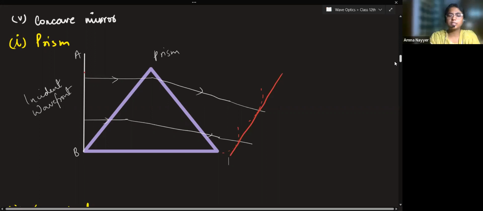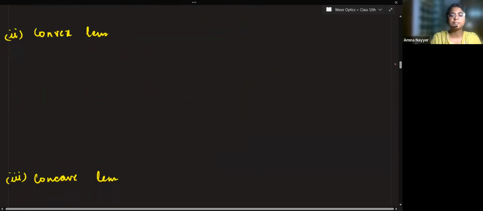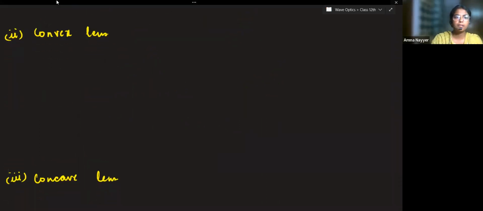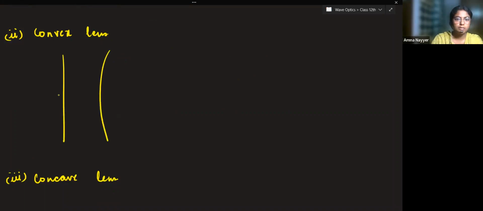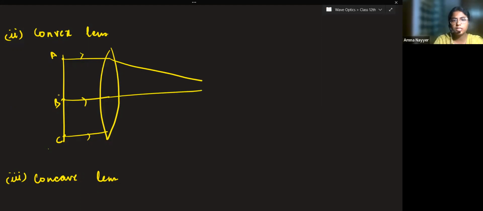Let's take some more examples. A convex lens. See, convex lens we have. Rays I have taken, any 3 rays from any 3 points. Let's say this is point A, this is B, point C. So these rays have moved. Now these will converge.